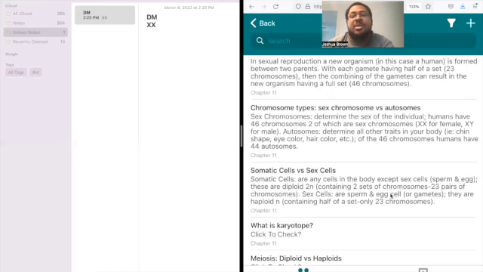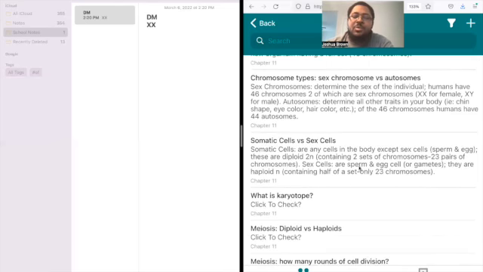I say in humans because other animals are going to have different numbers. But yes, we as humans will have 23 chromosomes in the sex cells.